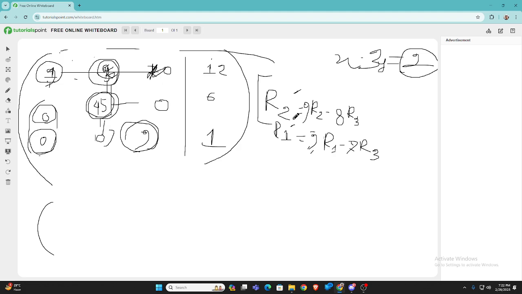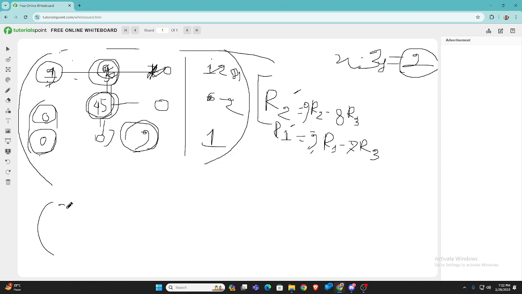So R2 equals 9 into 6 minus 8. 6 minus 8 equals minus 2. It's already minus 2, and 9 into 12 is 96, minus 7 equals 89. It will be 89.